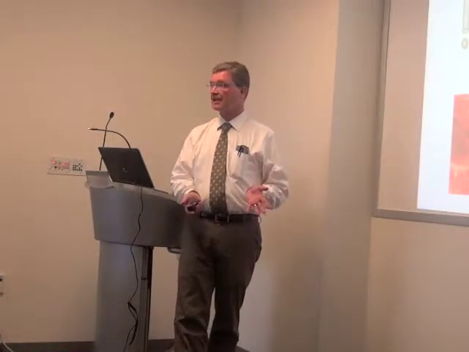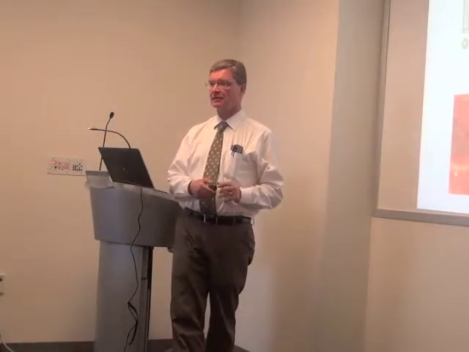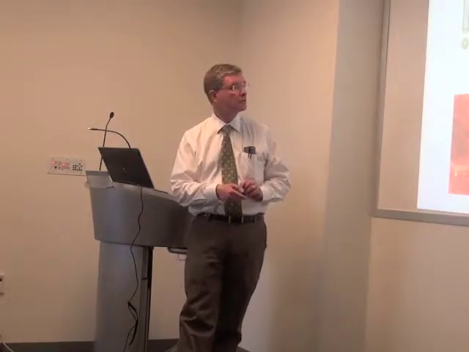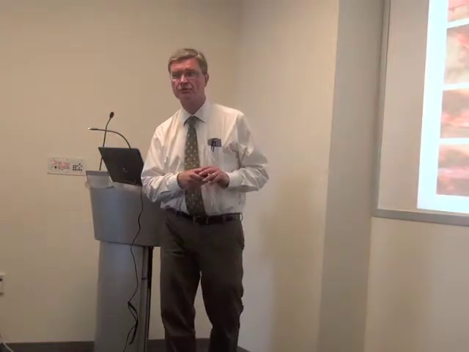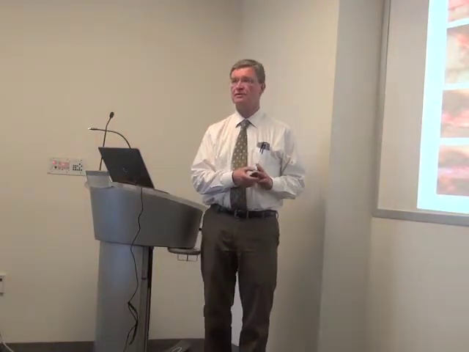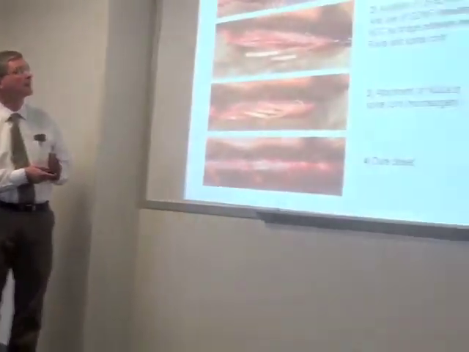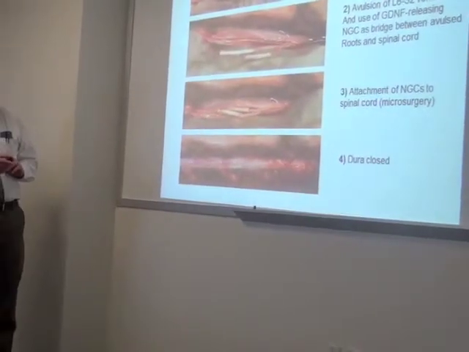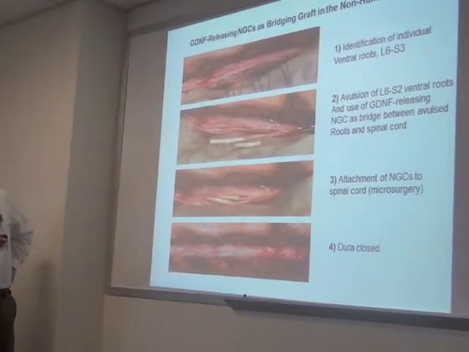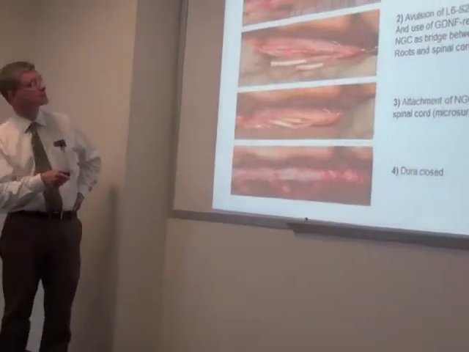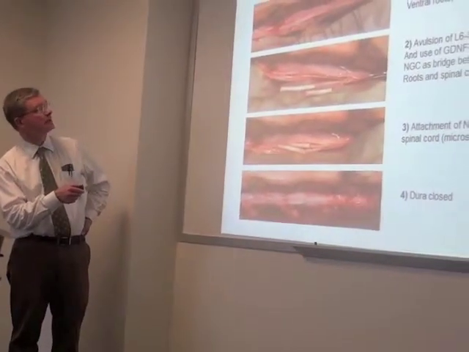But then the question is, can we repeat this also in the non-human primate? So here we were very fortunate in obtaining a research grant from the Department of Defense. They have a spinal cord injury research program, and we were approved to scale this up to the non-human primate. And here you see an example of those types of surgeries where we first identify the nerve roots.